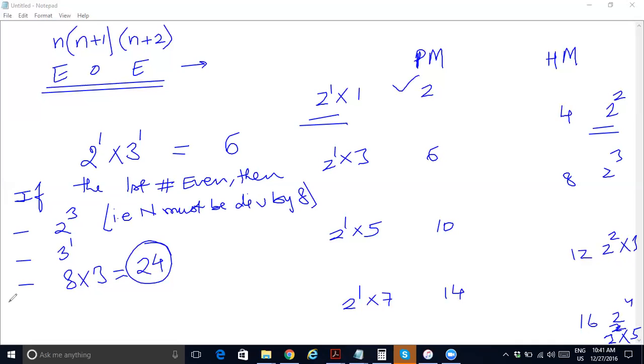If the product of 3 consecutive integers starts with an even integer, then the product will always be divisible by 24, and therefore by every factor of 24. That is 1, 2, 3, 4, 6, 8, 12, and 24.